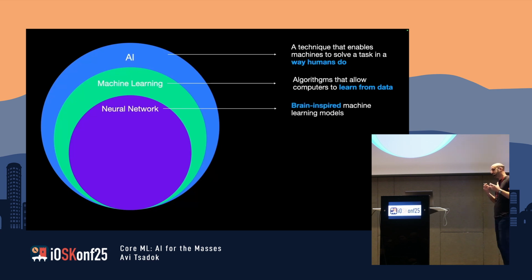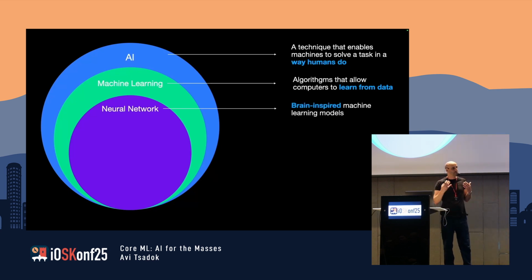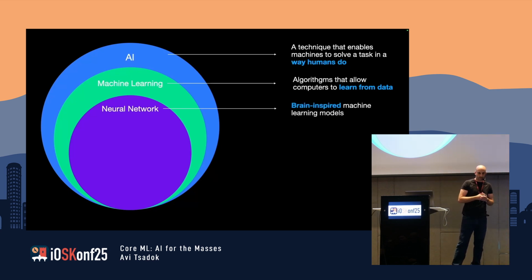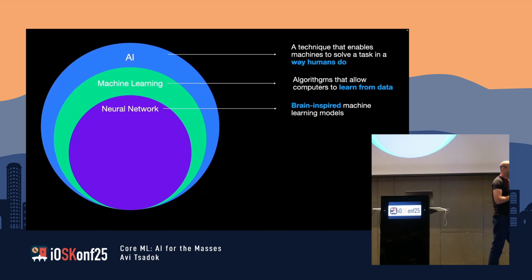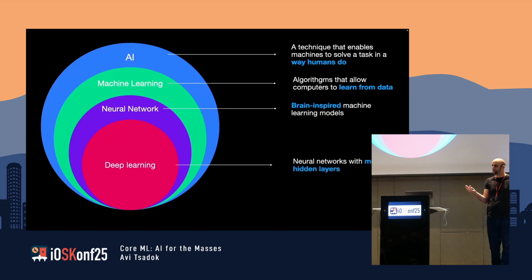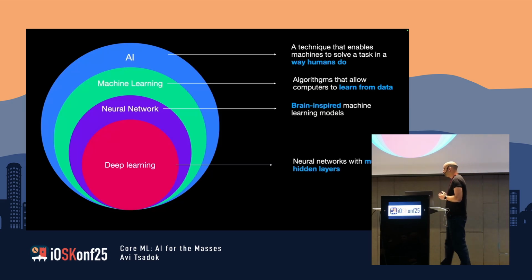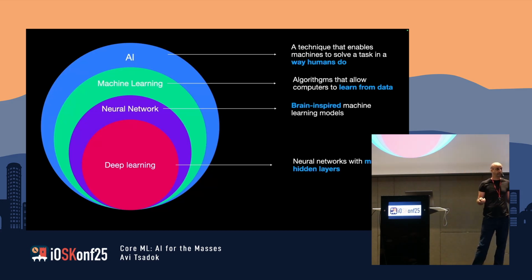Neural networks are the way our brains think. So it's a brain-inspired algorithm and learning model. And of course, deep learning, if you heard of this term, is just a fancy name for a neural network with many layers. Now, some of you may know that, and that's fine, but many iOS developers don't know that.